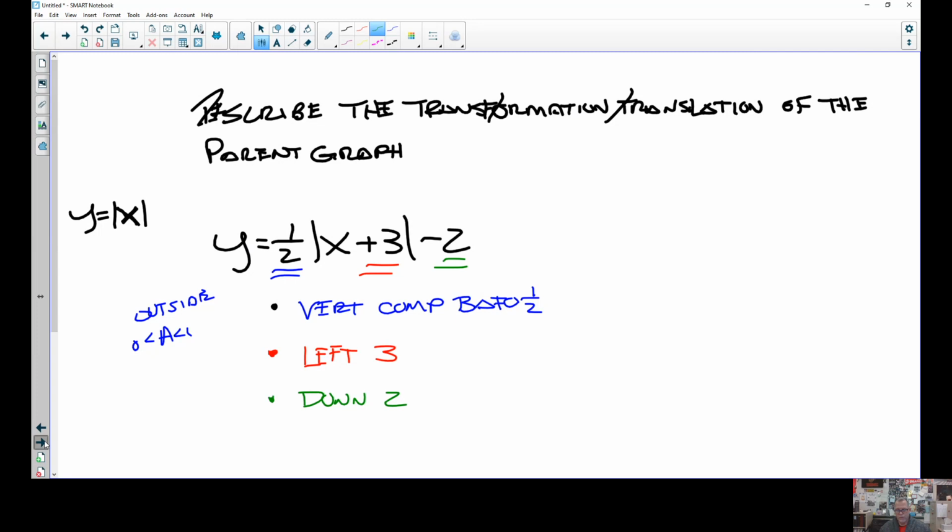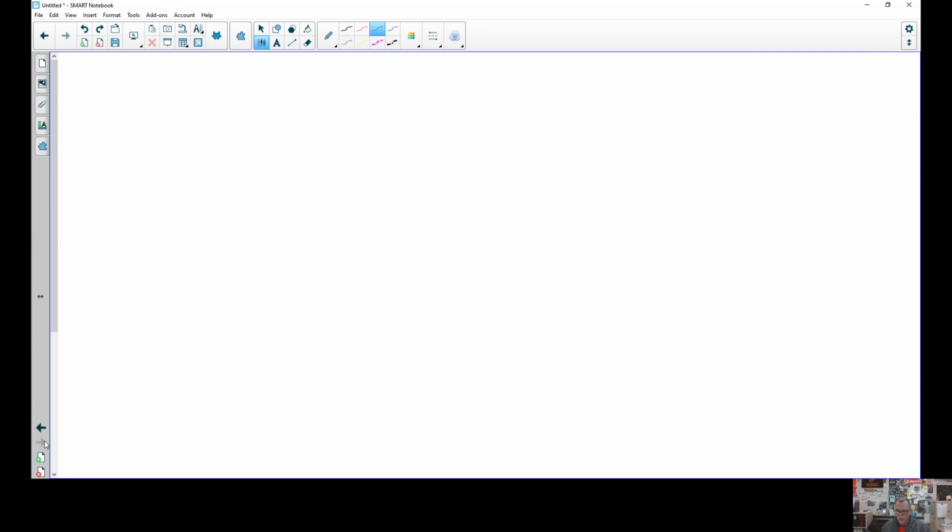All right, let's do another one. Y equals, let's do an unusual one. Let's do 2 over x plus 1. Now, I want you to think of this this way. This is 2 times 1 over x, because we're going to do that and then multiply it by 2, plus 1.